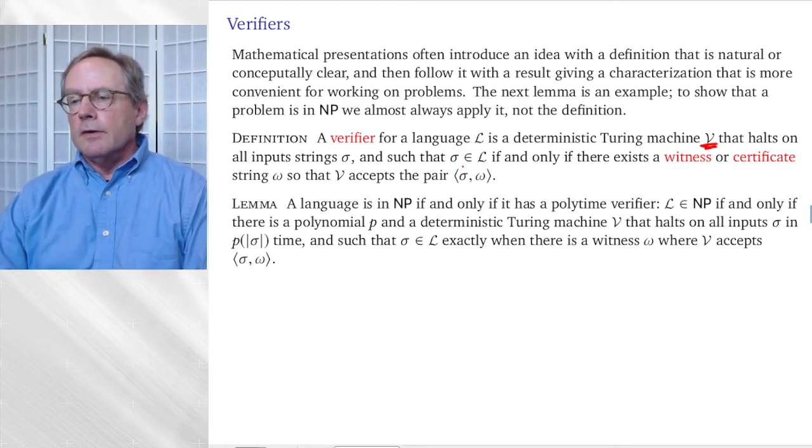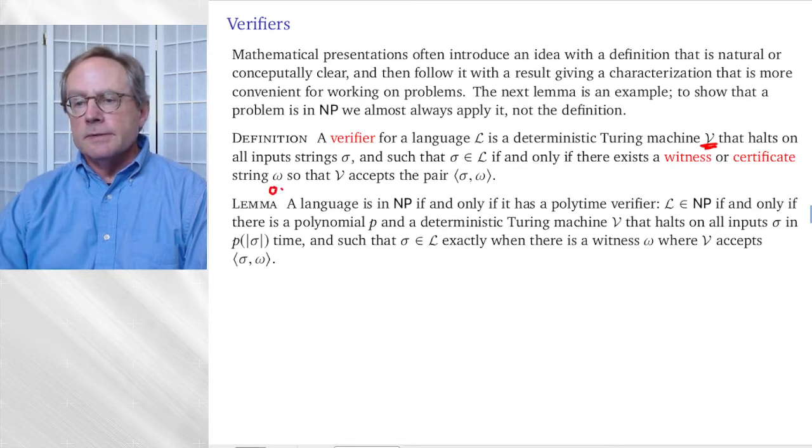And such that sigma is in L if and only if there is a witness or certificate string, omega, so that V accepts the pair sigma comma omega.